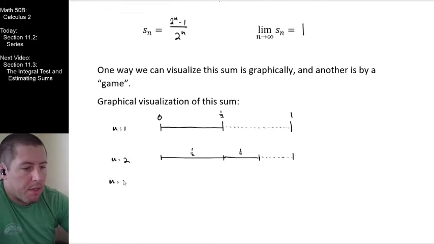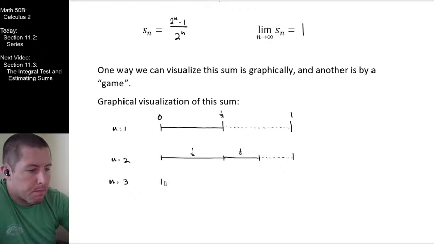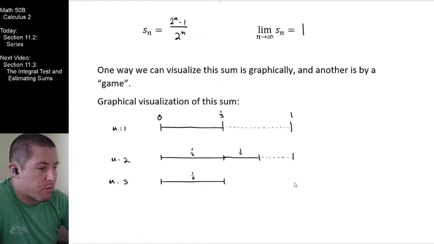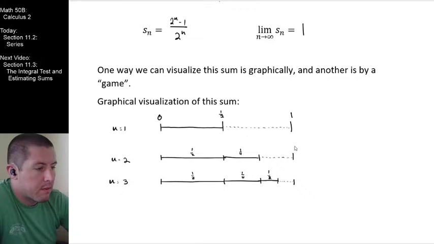And then we let n go to 3. In this case, the 1/2 gets us the first half. Then out of what's remaining to get to 1, 1/4 takes us half the way there. Then to add on 1/8, well, 1/8 is going to take us again half of the rest of the way to 1, right?